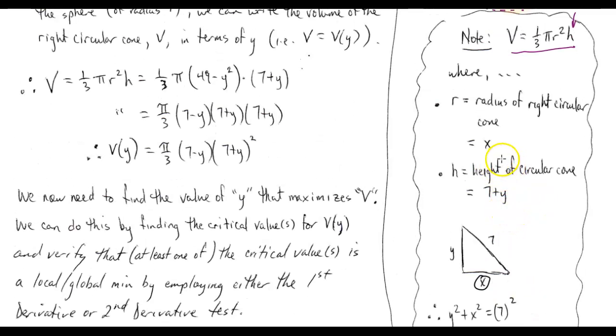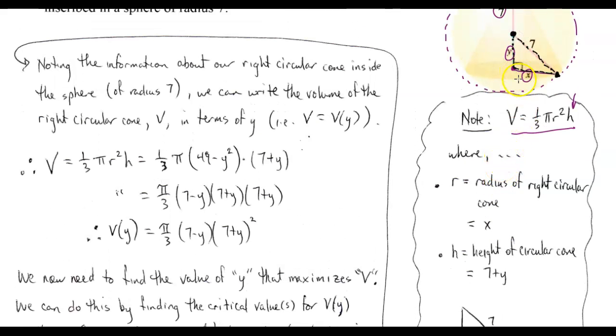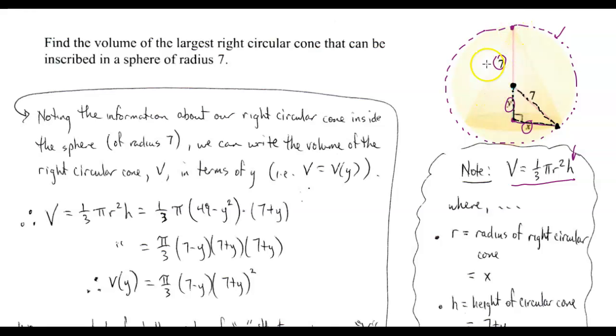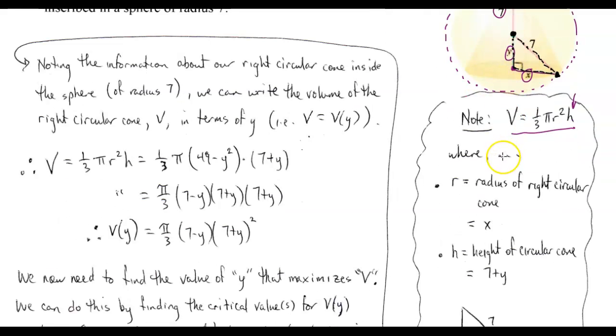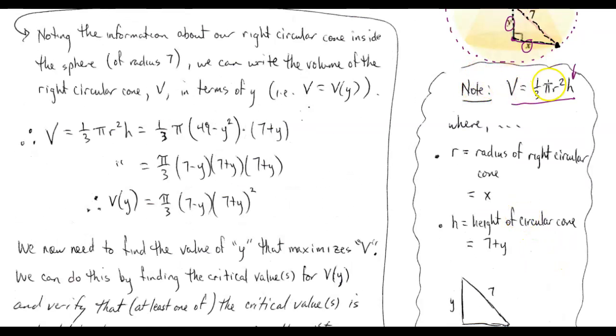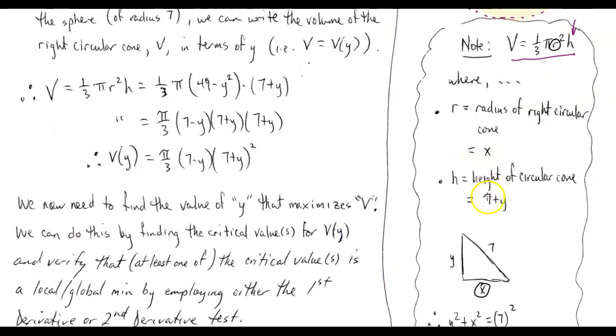Okay, so let's go back up here just to make sure that we get that. Remember, the radius of the sphere is 7. That's totally different. That's constant, that's not changing. The radius of the right circular cone will change based upon how big the cone is. And so that's why I'm renaming what we normally call R, the radius, and that's coming from here, the radius of the right circular cone.